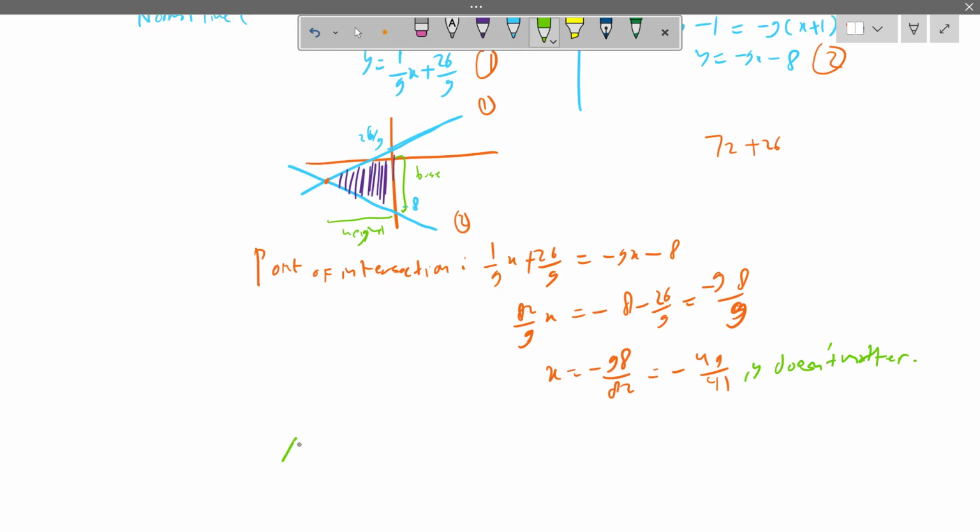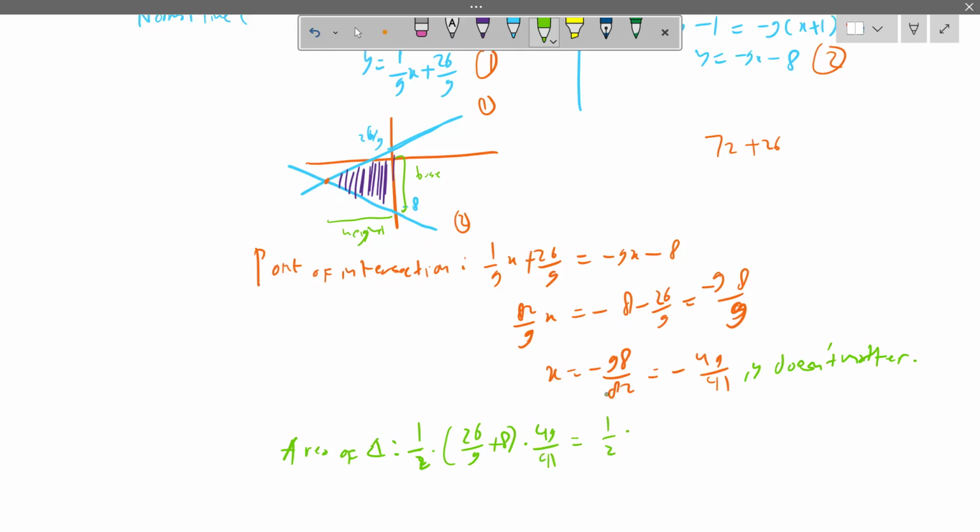So that means the area of the triangle is equal to 1/2 times the length of the base. The length of the base is 26 over 9 plus 8. And the height is this, taking its absolute value, so 49 over 41.